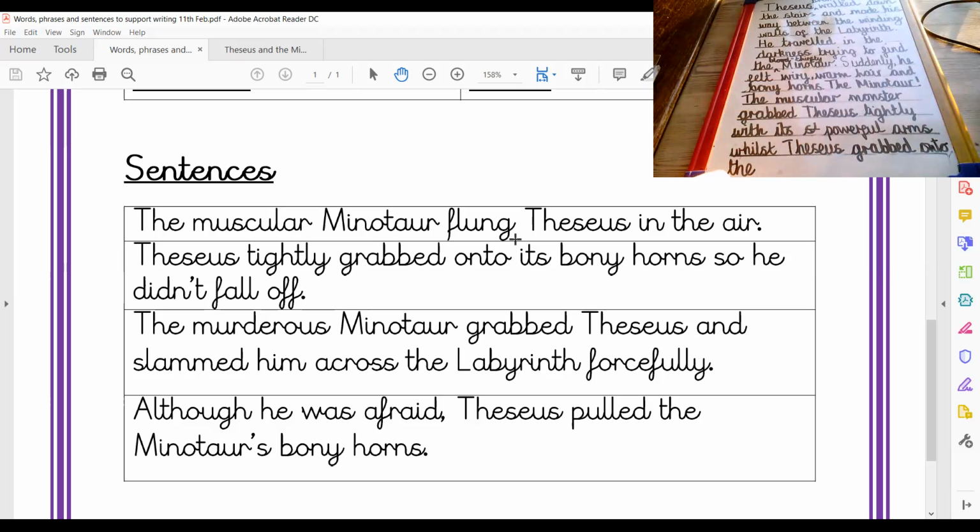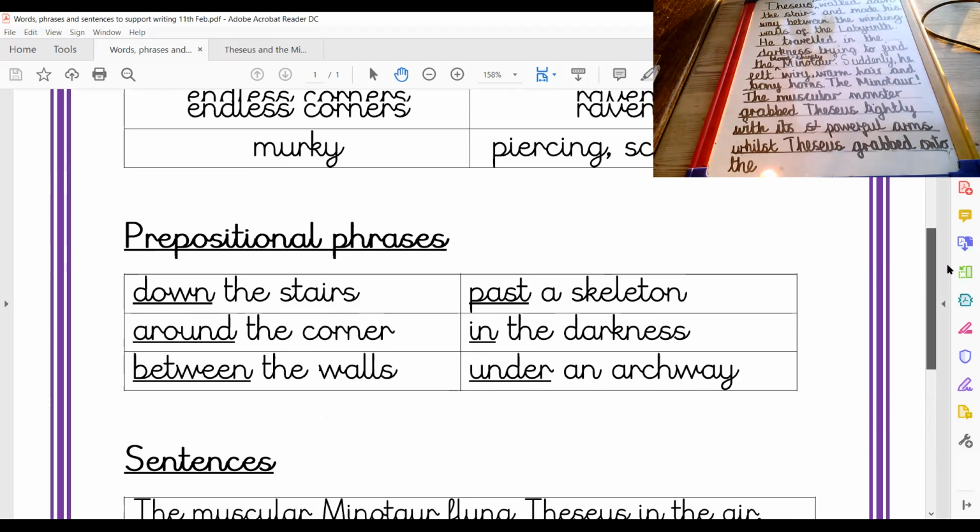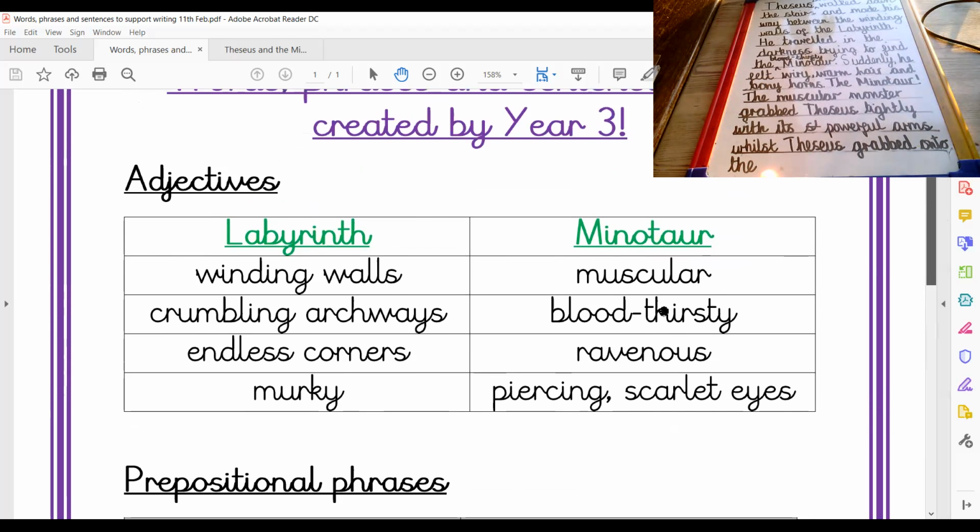Again, I don't want to use Minotaur again, so I'm going to put the beast. I'm going to use an adjective to describe the Minotaur. I've used bloodthirsty. I've used muscular. Do you remember our other wow word? Murderous.